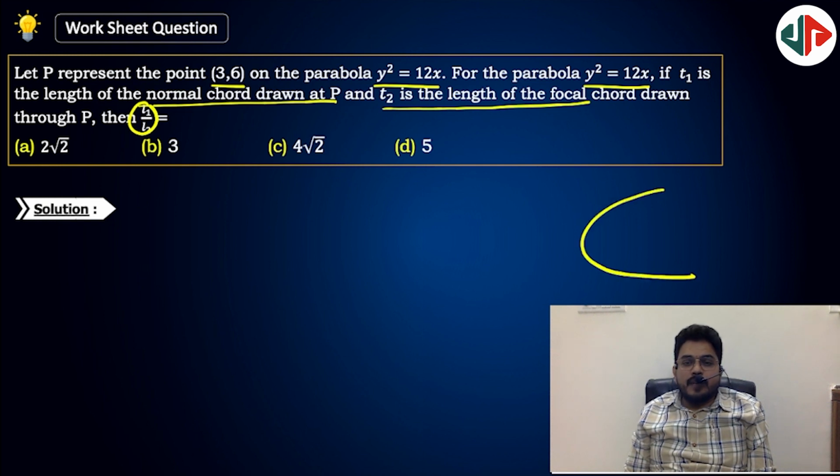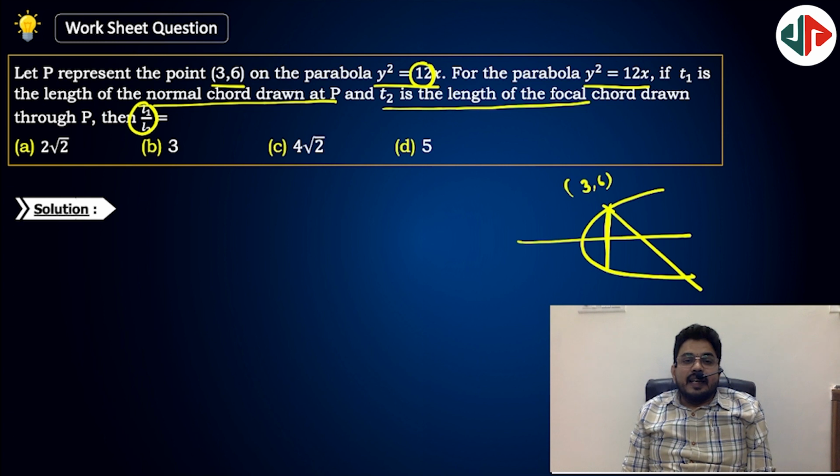So this is the parabola. 3 comma 6 is there. So what is the length of the normal chord you need to write? That is T1. And what is the focal chord? Focus is 4A is equal to this one. So this is the focal chord.